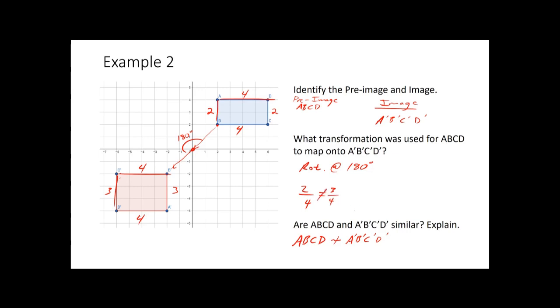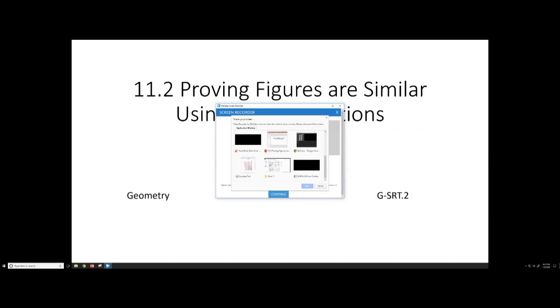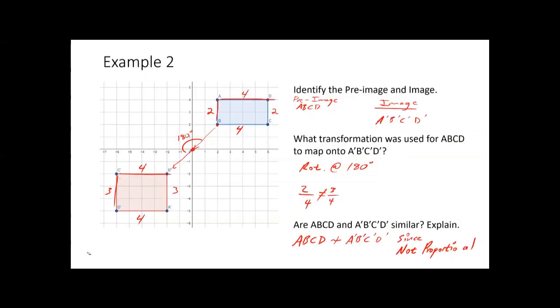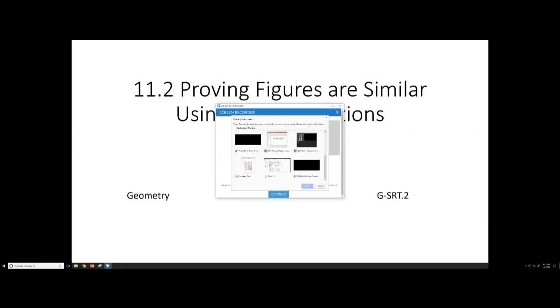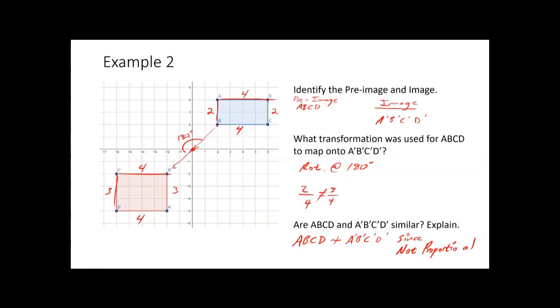They're not proportional. So since they're not proportional, proportionality must be maintained. Otherwise, we're dealing with two completely different types of rectangles. They have nothing to do with each other. All right.